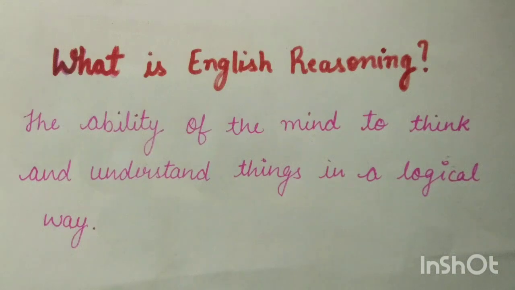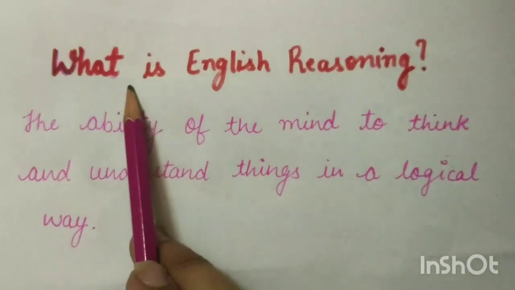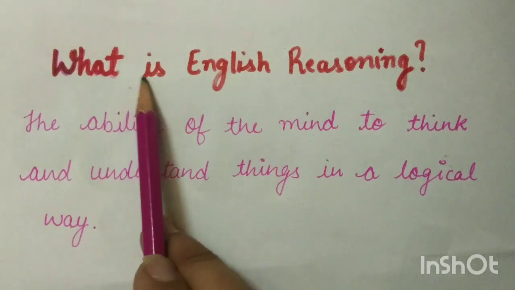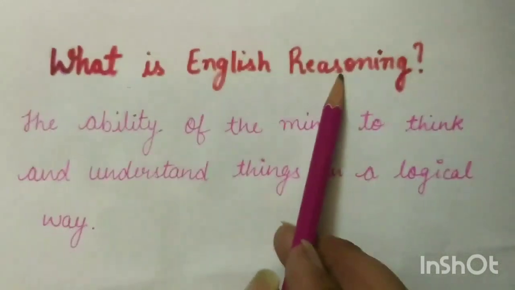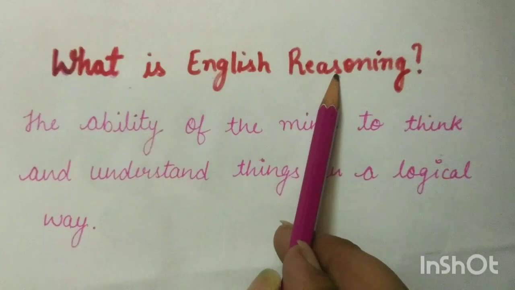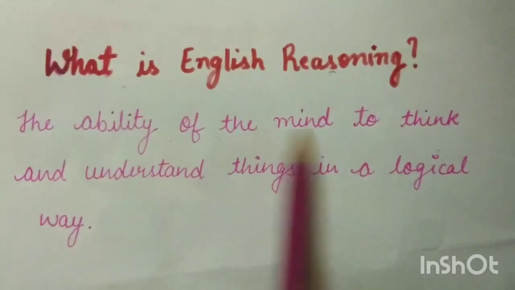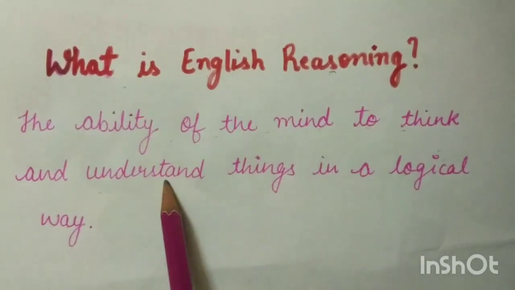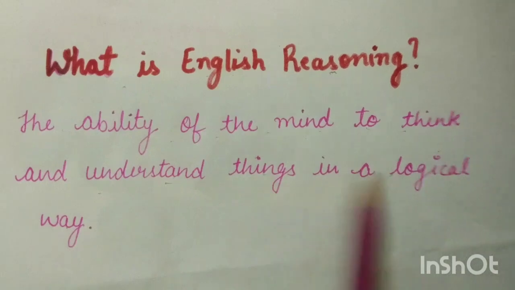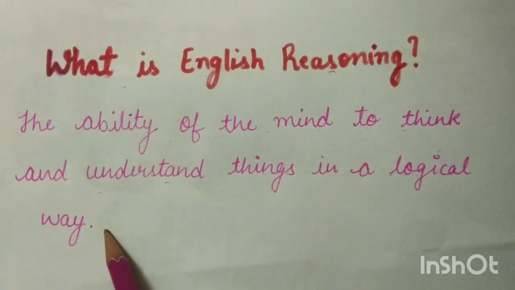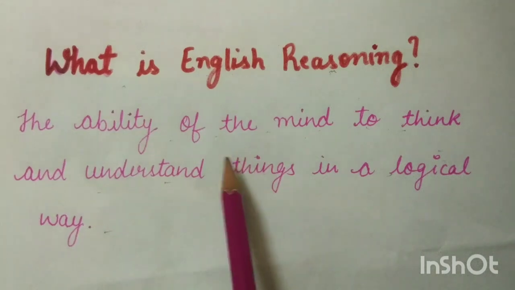Before we proceed to the main topic, we need to understand what English reasoning is. What does it mean? The ability of the mind to think and understand things in a logical way. We are going to learn English reasoning to develop our logical thinking.